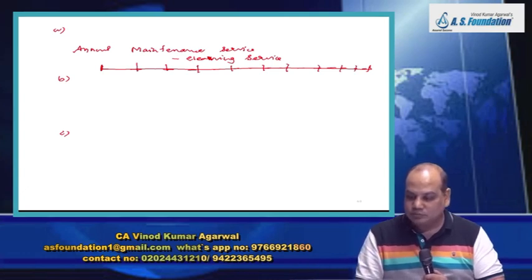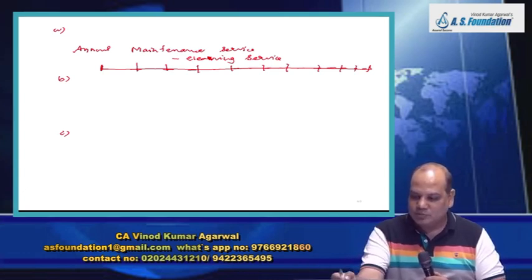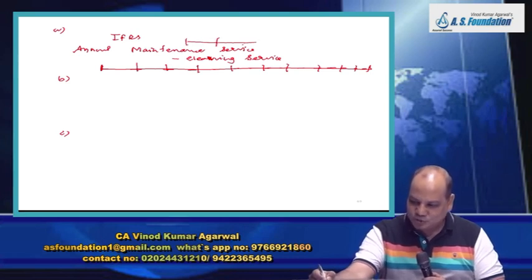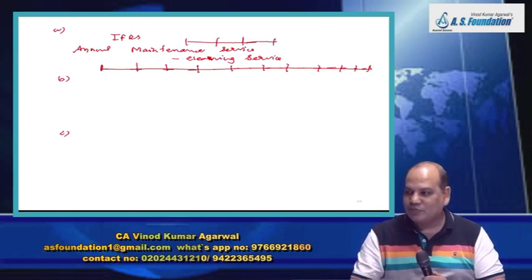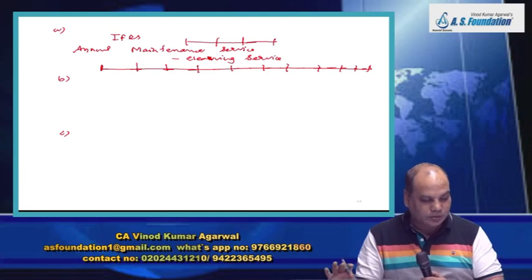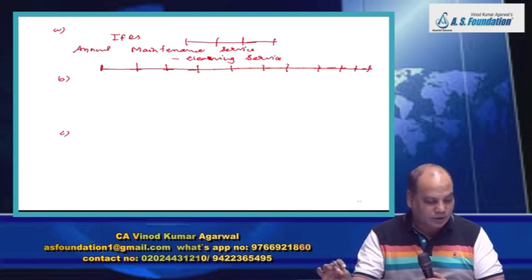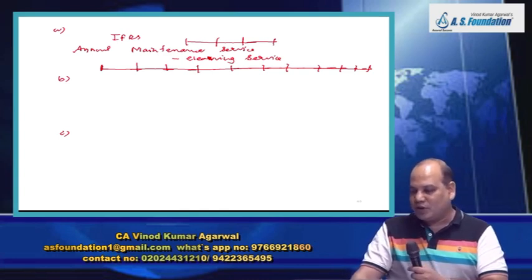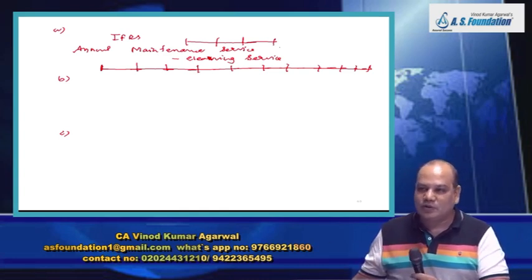Right? A teacher is providing you IFRS for 3 months. How will he recognize revenue? Over 3 months or after the completion? So here the benefit is transferred when the entity is performing its obligation, so there is simultaneous transfer of benefit to the customer.